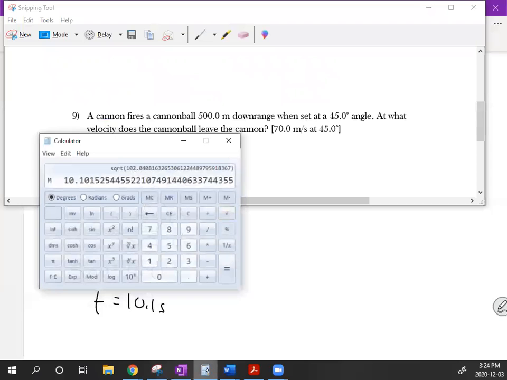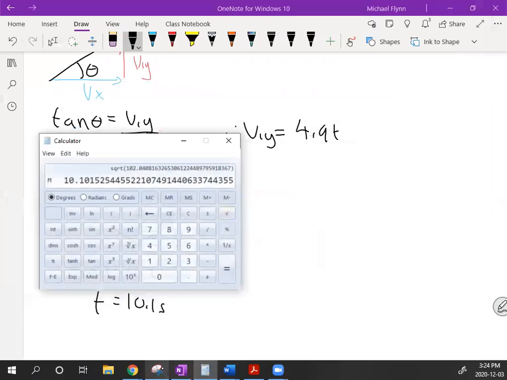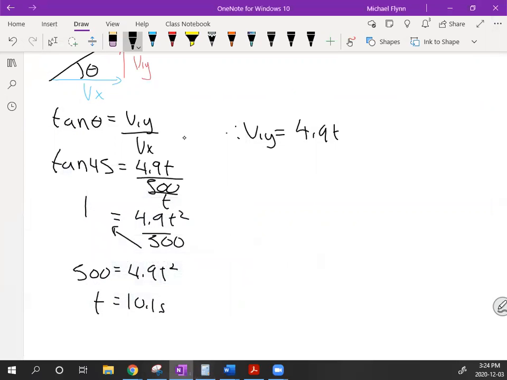Let me get rid of that annoying thing. So I'm just going to times that by 4.9. I get 49.5. So this is 49.5 meters per second.